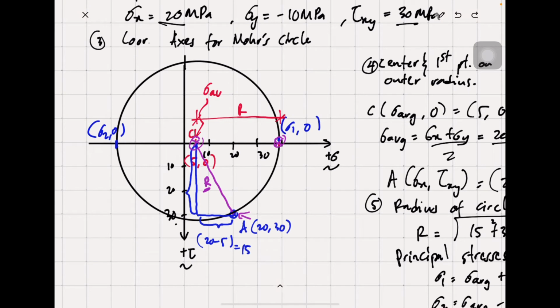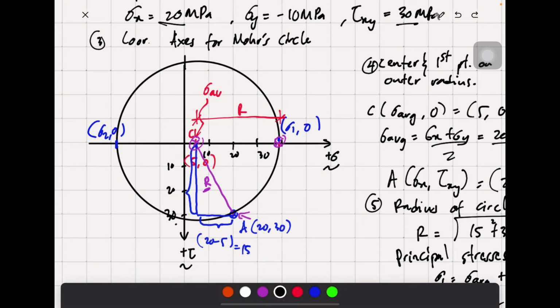Theta P1 is defined from the angle from the solid purple line to theta equals 0 degrees. This is alpha, where theta P1 came from. So theta P1 equals alpha over 2.